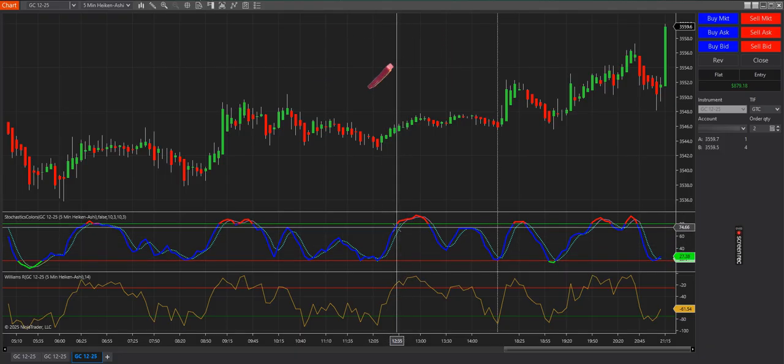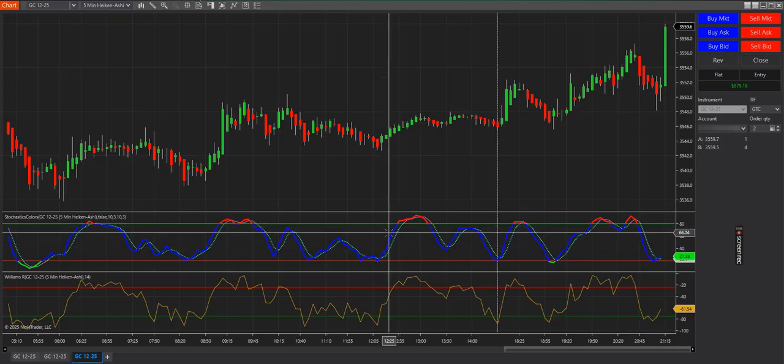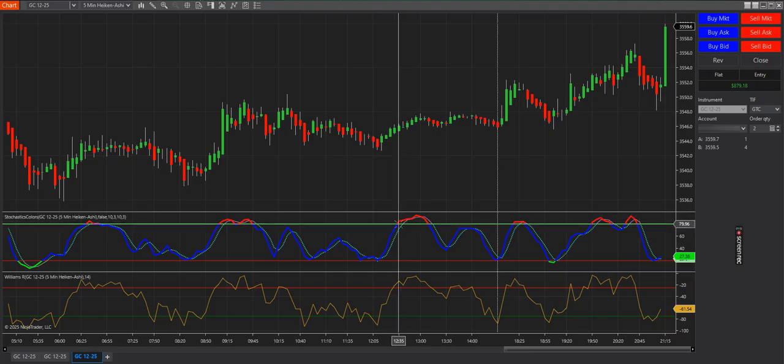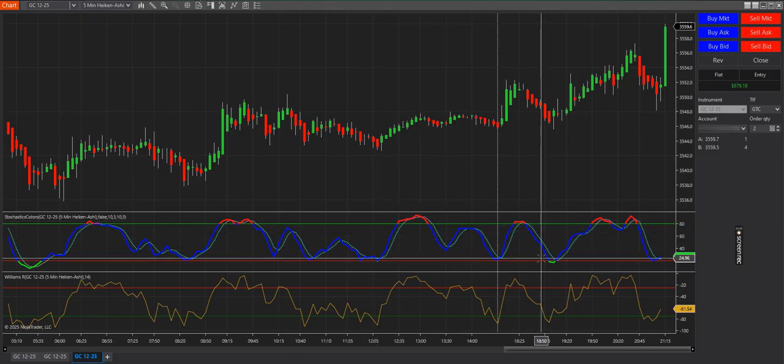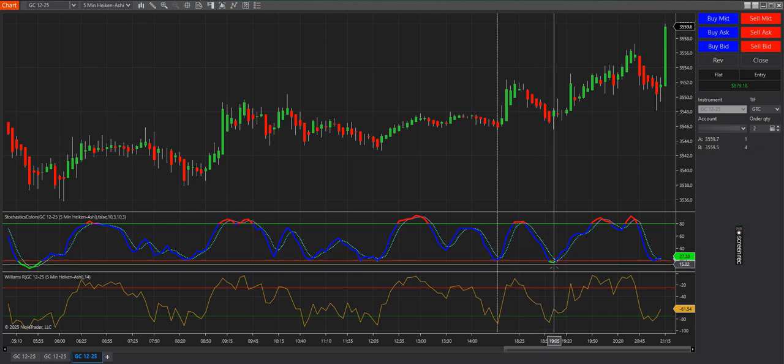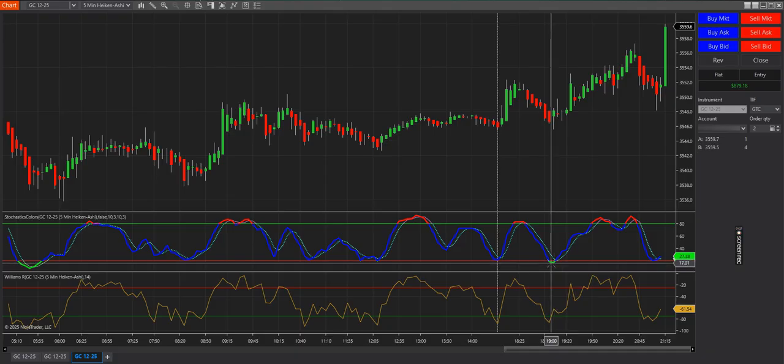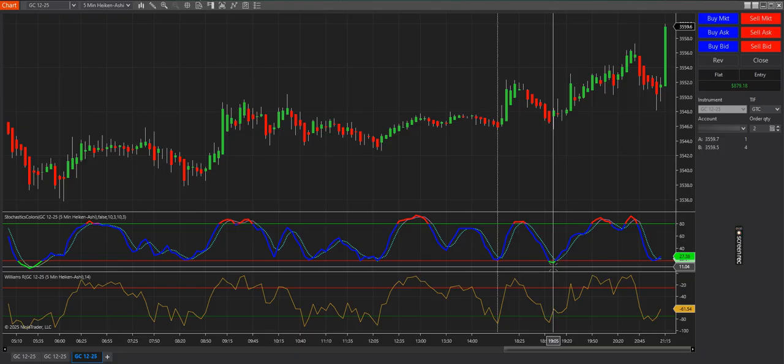So when the blue line is above the green line, that is the overbought zone, right? It turns red, and then when it crosses below the 20 line, that's oversold and it turns green. It's green because it's letting you know that it's about to turn, and you should be ready for a long trade.